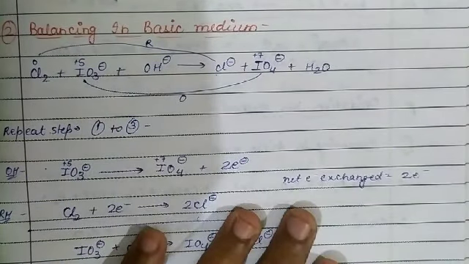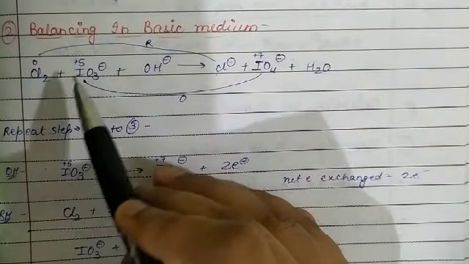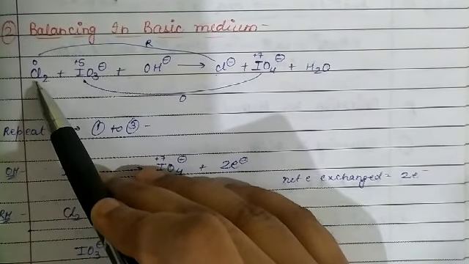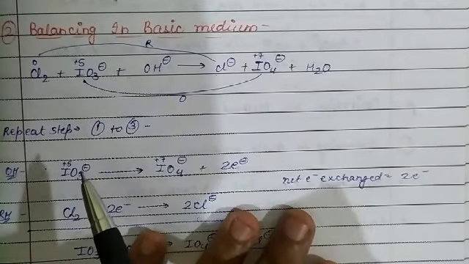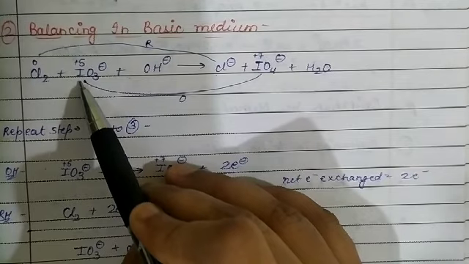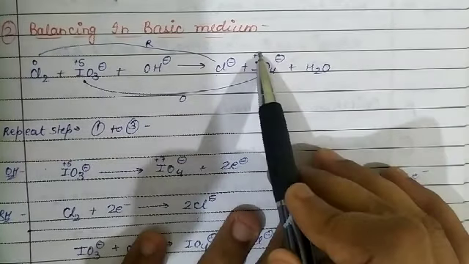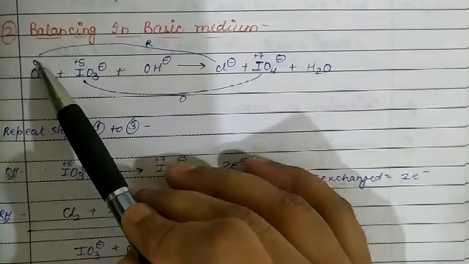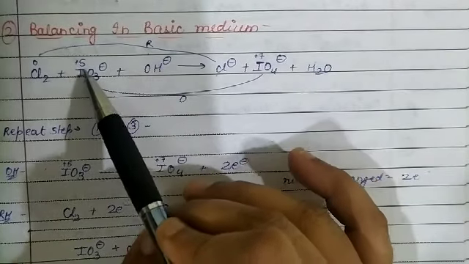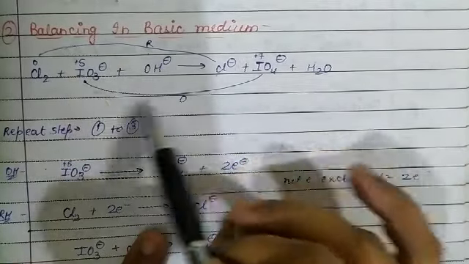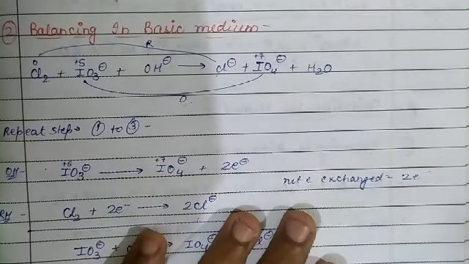In this case, the oxidation state of chlorine changes from 0 to minus 1, and the oxidation state of iodine changes from +5 to +7. So 0 to -1 is a decrease in oxidation number, therefore reduction. +5 to +7 is an increase in oxidation number, therefore oxidation.